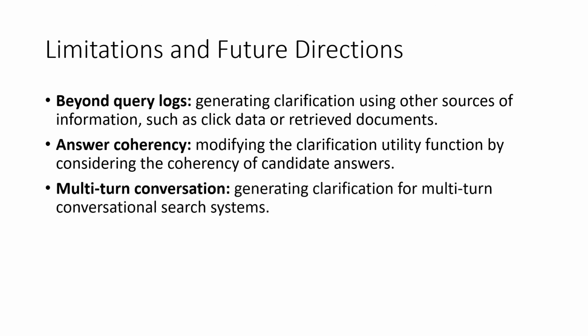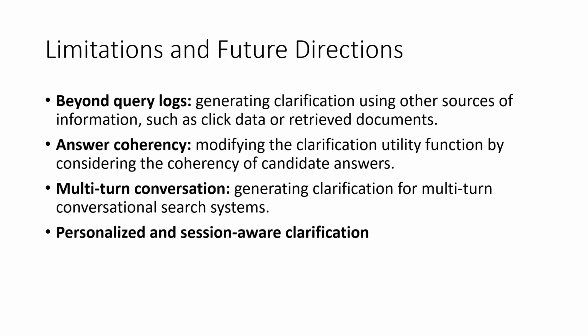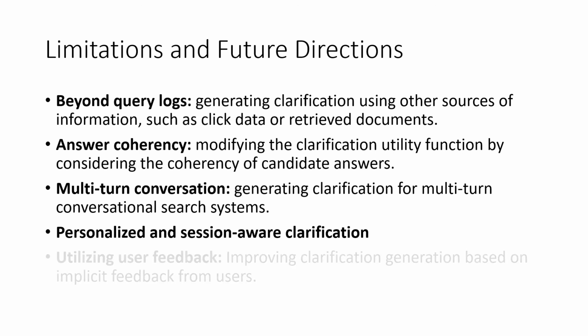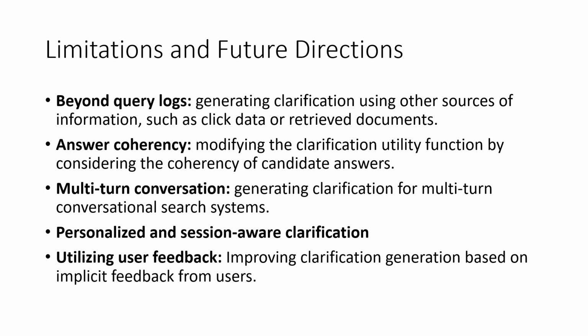We would like to also extend our work to multi-turn conversation and also generate clarifying questions based on personalized information and session information. At the end, it would be interesting to see how we can utilize user feedback, the implicit feedback of users, to improve the approaches for generating clarifying questions.